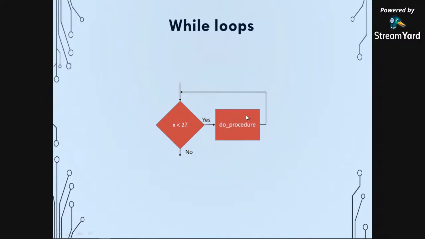Yeah, and it will keep doing that while x is less than 2. And once x is not less than 2 anymore, it goes and continues on with the rest of the program. Okay, so if x is less than 2, then it will continue doing this over and over again. And if not, it will continue on with the rest of the program.